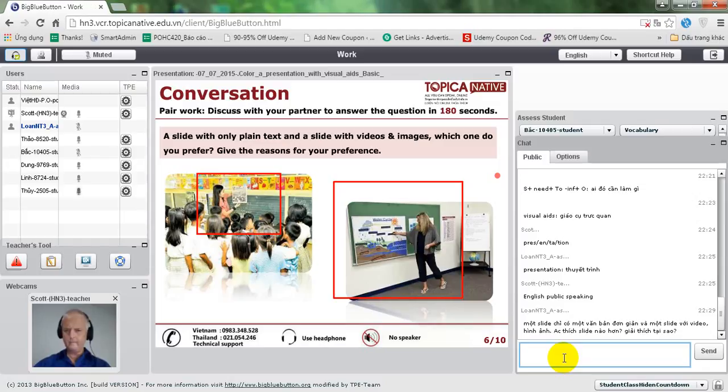Yeah, if you want to read, I think you should use a slide with only plain text. I think if the slide is text, you need more time to read and more time to understand.